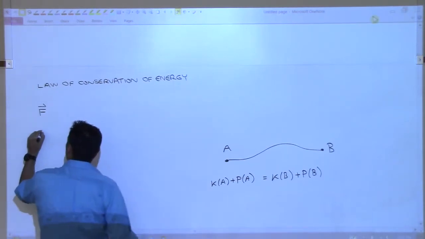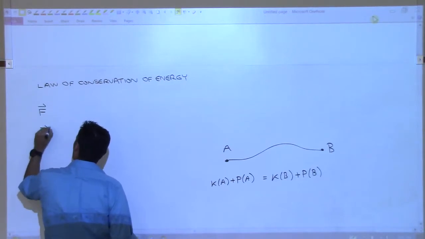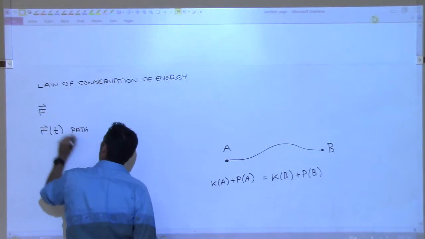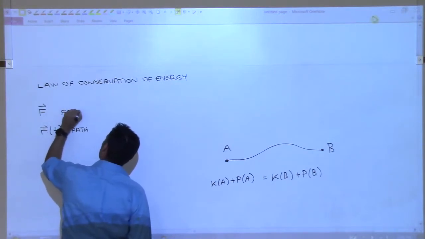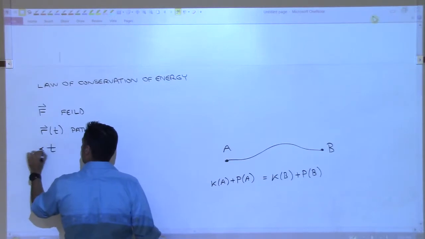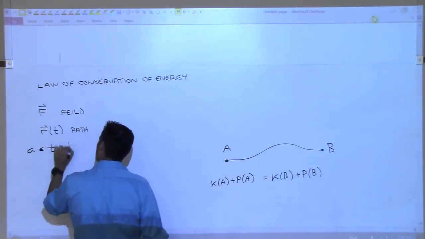And let's say that we have some path r(t), and t goes between little a and little b.